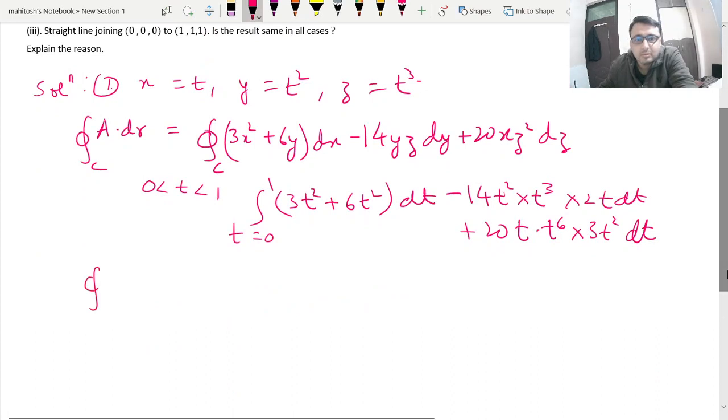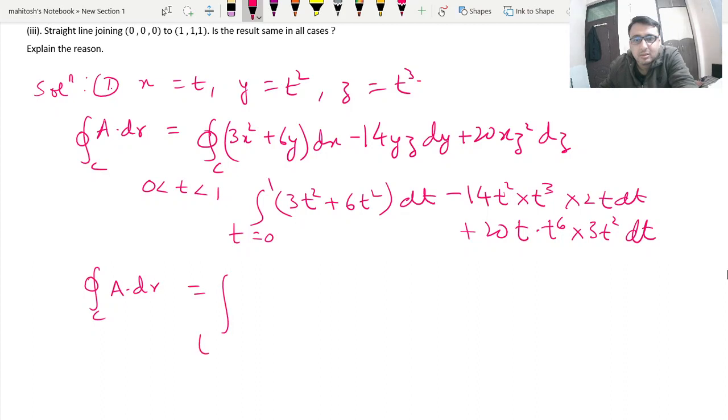So a dot dr can be written as the integral from 0 to 1 of 9t square minus 28 t to the power 5 plus 60 t to the power 8 dt.